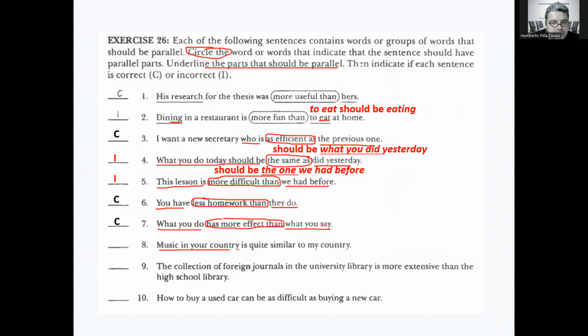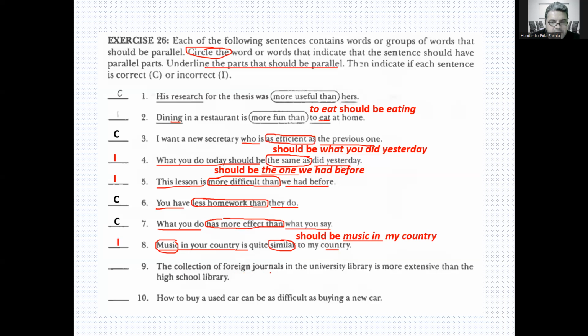Music in your country is quite similar to my country. Now, here we talk about music. Here we talk about my country. It should be music in my country. Music in your country is quite similar to music in my country.